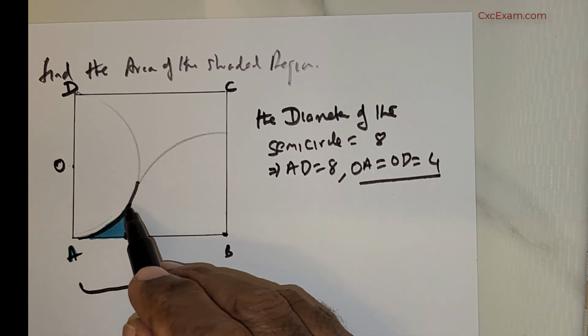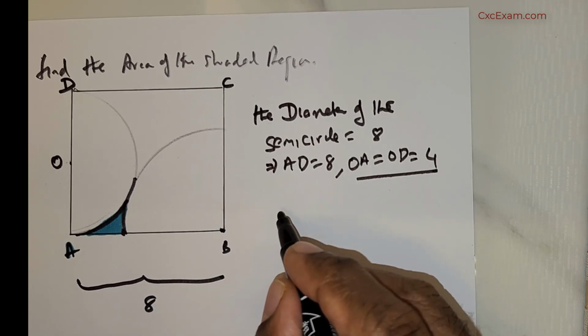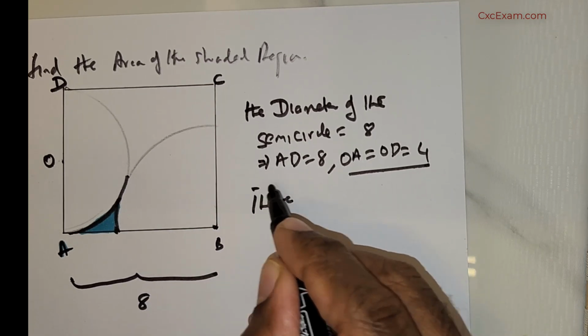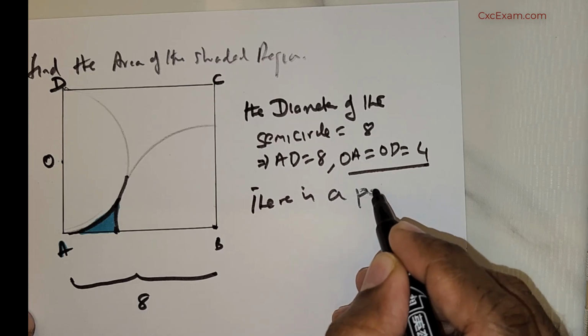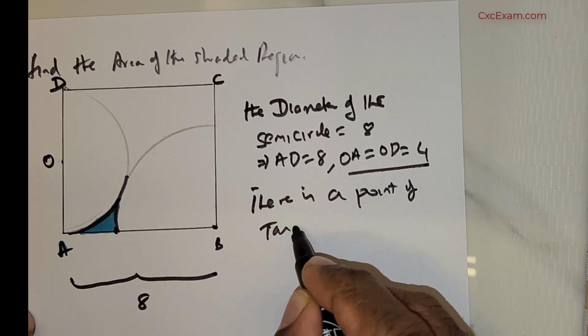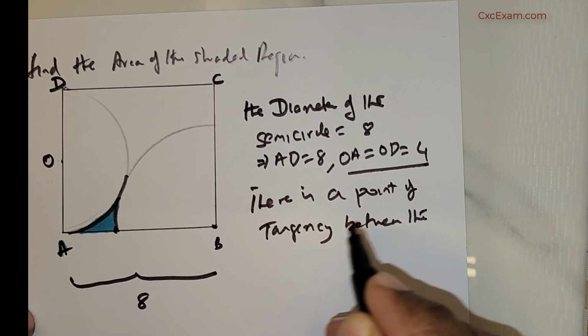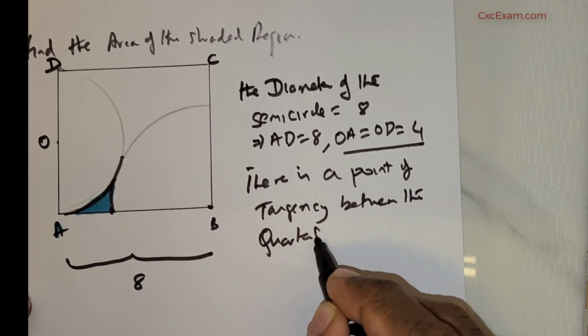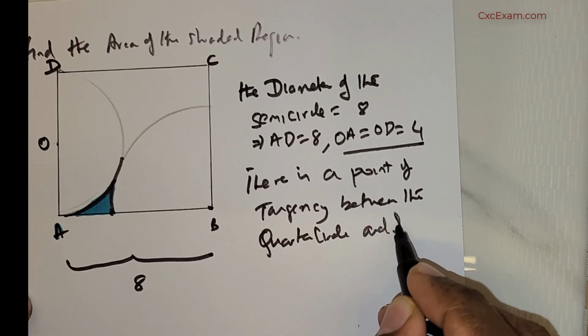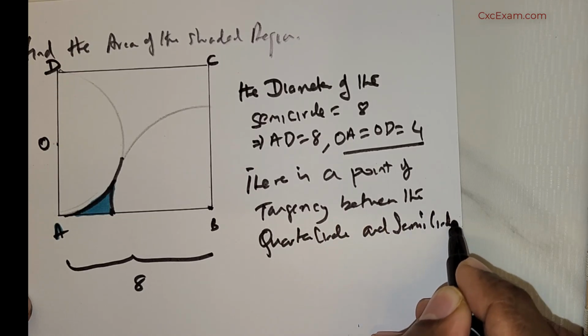Now we see that there is a point of tangency between the quarter circle and semicircle.